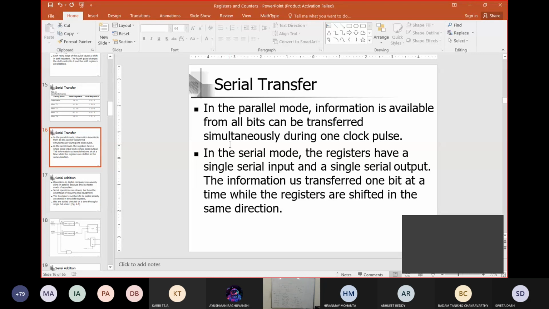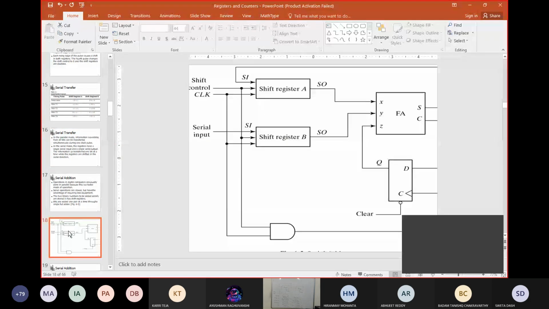Now check out this circuit. Just an example. There is a shift register called A and a shift register called B. Both of them are supporting a full adder.